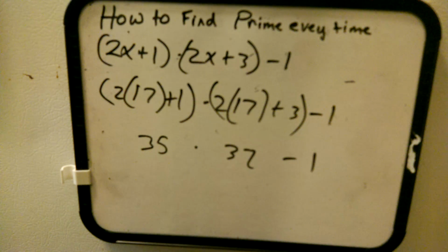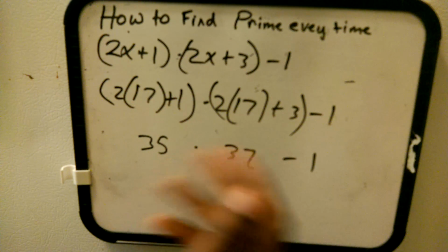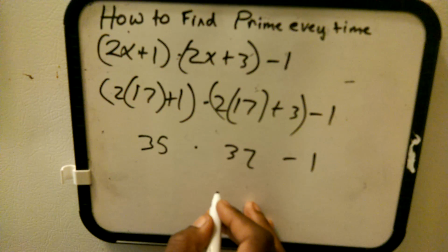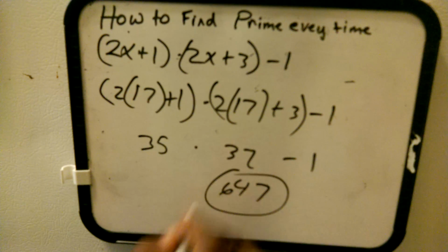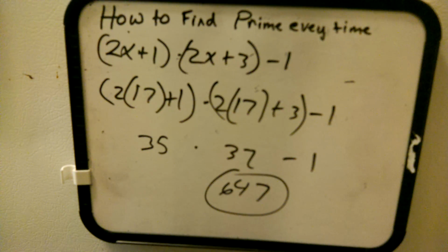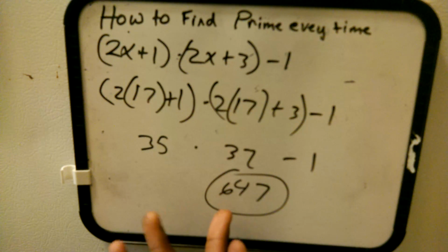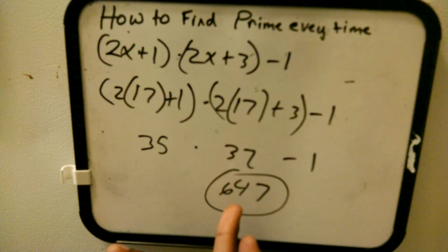Now I've already done this mathematics in my head, or with another piece of paper, so I'm just going to give you what the next prime number would be. The next prime number after doing this would be 647. I've divided each one by 2, by 3, 5, and I got all the way to 23, and that was the prime number that I was left with.